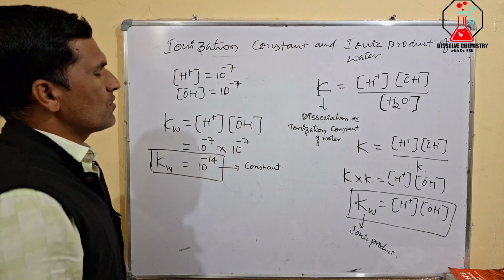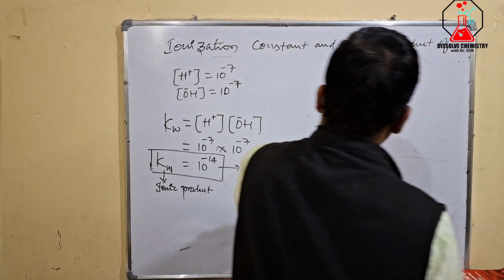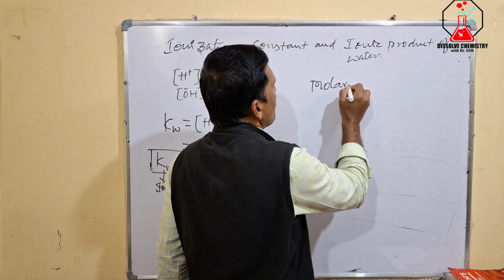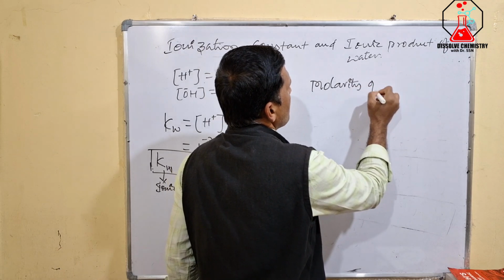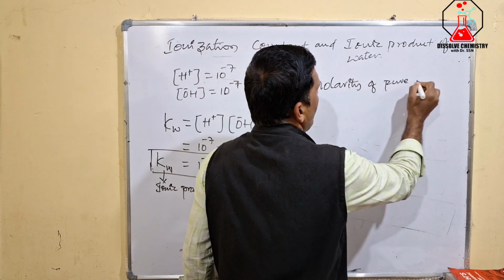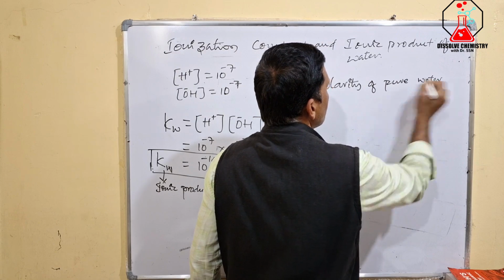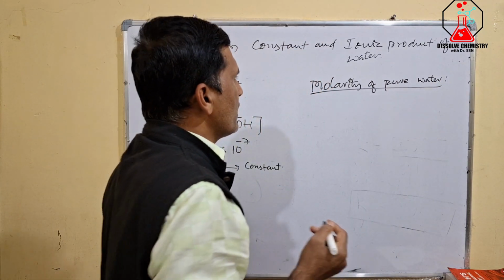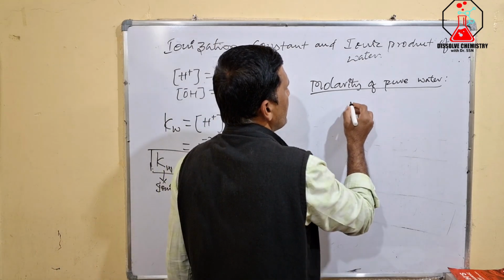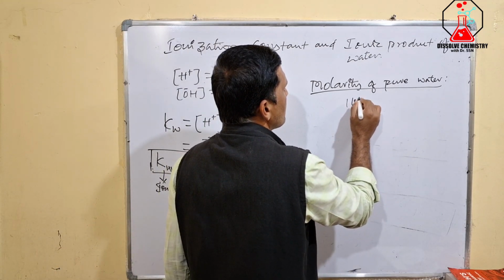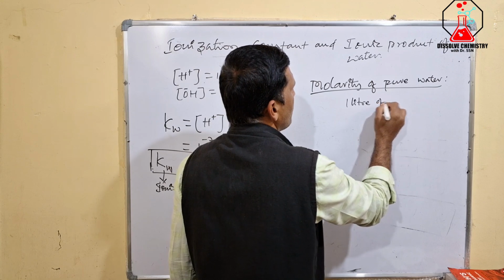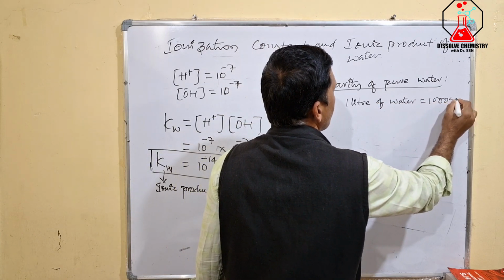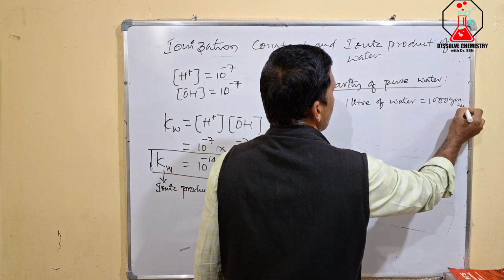Okay, so we will talk about the next topic: molarity of pure water. See, when you take pure water, suppose 1 liter of water, 1 liter of water is nothing but what? 1000 grams of water.